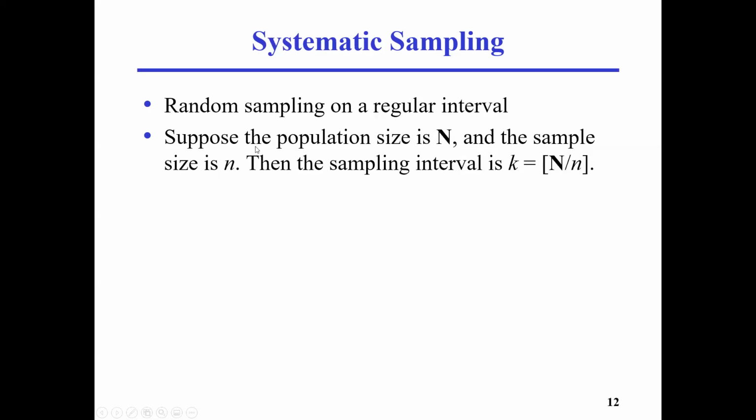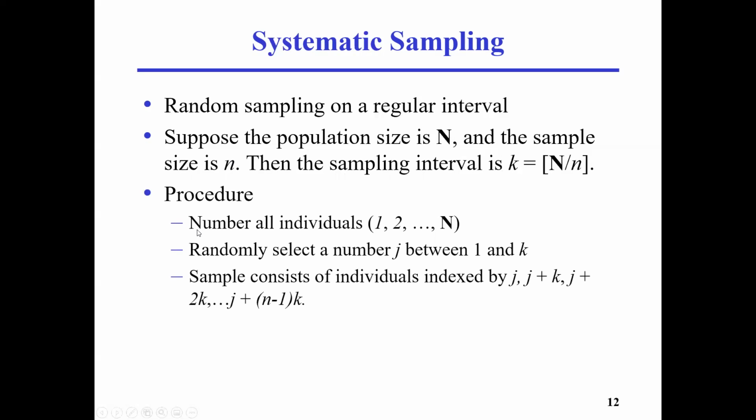From uppercase N, we want to pick out lowercase n people or objects, right? Then the sampling interval can be calculated like this. We have the interval k, and k is the ratio between uppercase N and lowercase n.